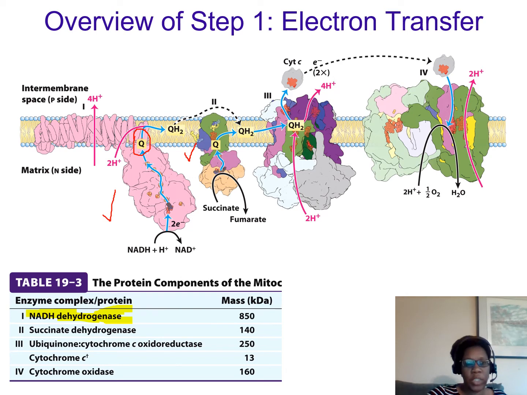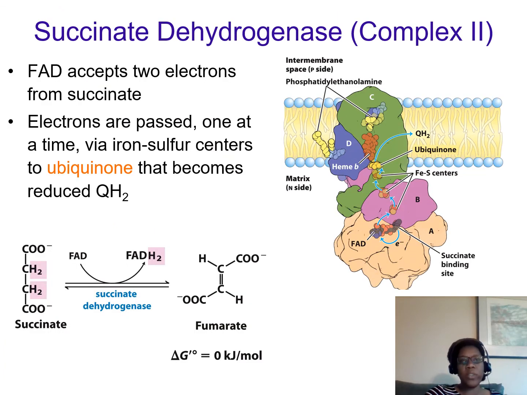You've already actually seen succinate dehydrogenase. It's going to transfer electrons from FADH2 to ubiquinone. So let's look at that. We've seen succinate dehydrogenase in the citric acid cycle.